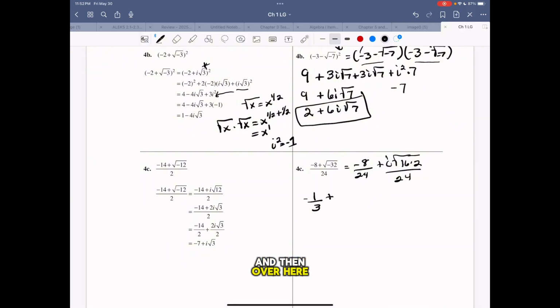And then over here, it'll be 4i square root 2 over 24. And then 4 into 24 is 6. So we end up with -1/3 plus i square root 2 over 6. Okay?